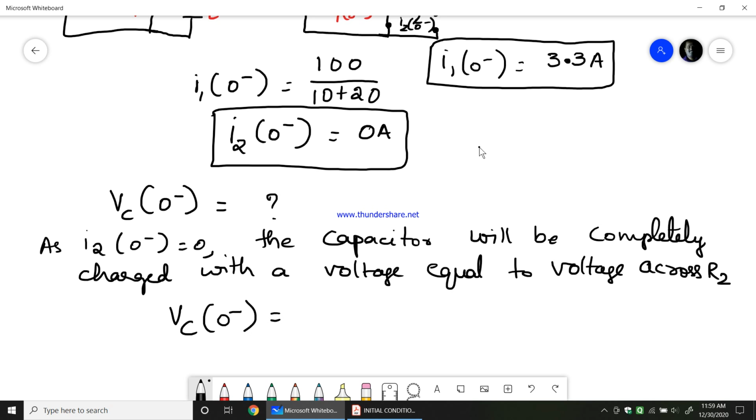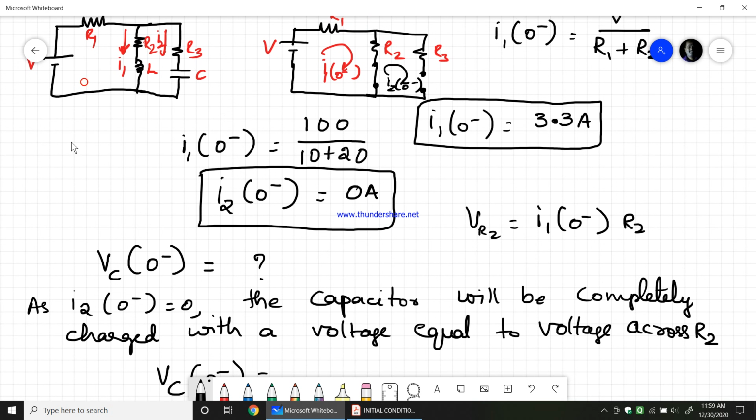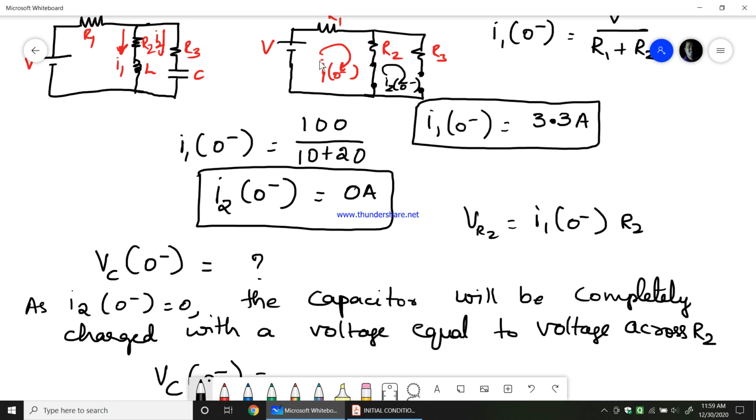So the voltage across R2 would be equal to I1 of 0 minus into R2. See here, what is the current flowing through R2? The current flowing through R2 is I1 of 0 minus.